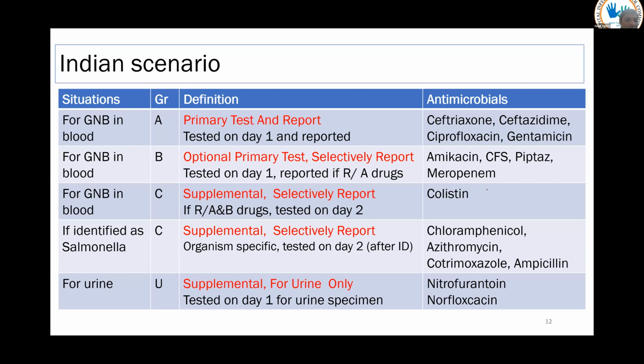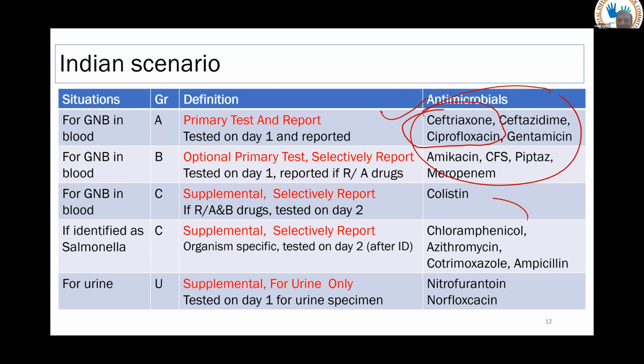Another type of group C antibiotic is based upon identification. Suppose on day one you know it is GNB in blood, and you have used the common GNB antibiotics for susceptibility testing. On day two, from the identification, you come to know it is Salmonella. For Salmonella, of all the antibiotics you have tested, you don't report all of them. You only report ceftriaxone and ciprofloxacin for Salmonella.